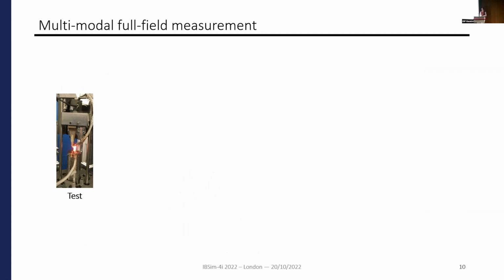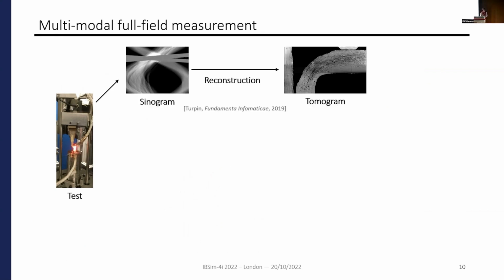So this test provides us first the sinogram with some missing data due to the steel column. So I have developed a little reconstruction algorithm to take into account those missing data and to have a tomogram with few artifacts due to this.